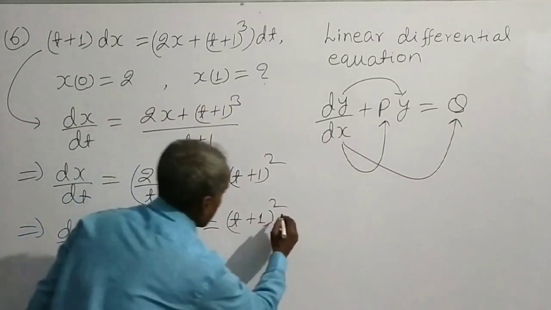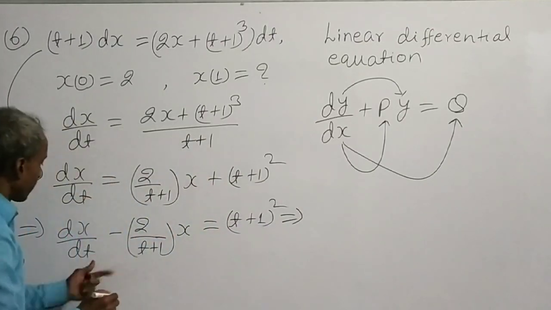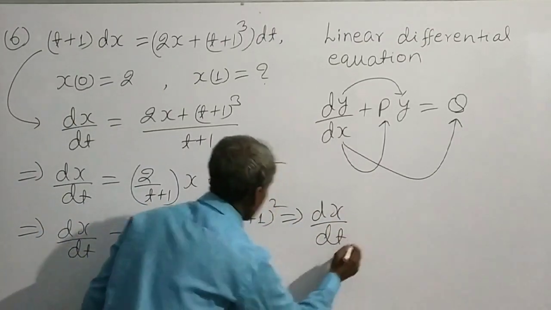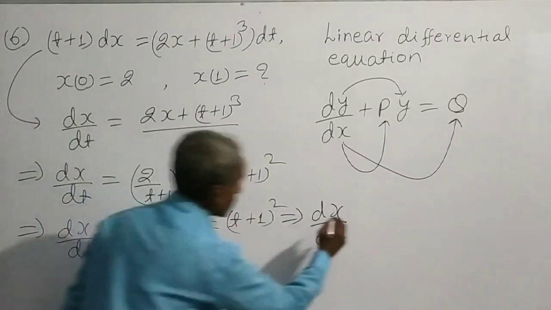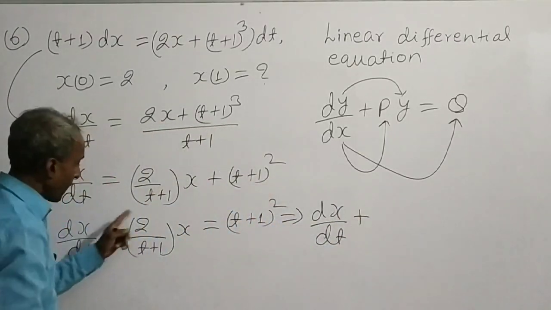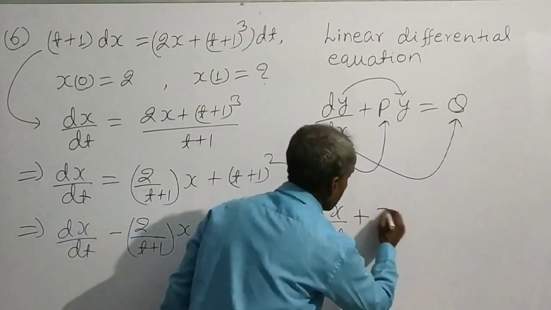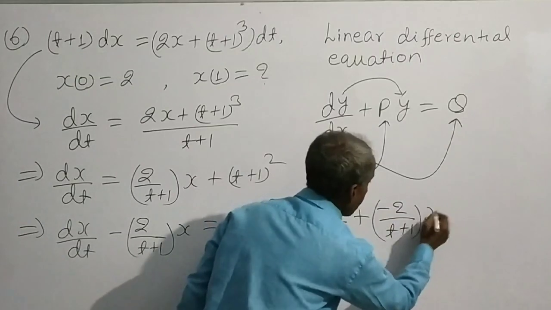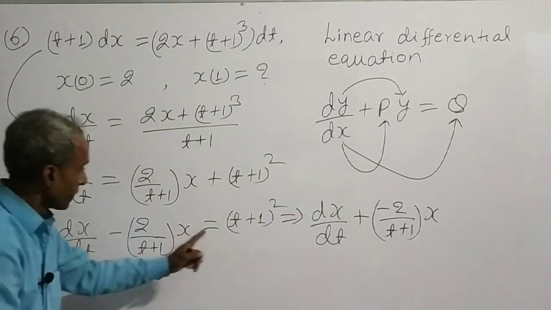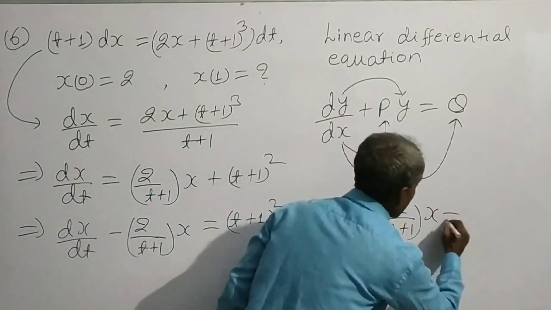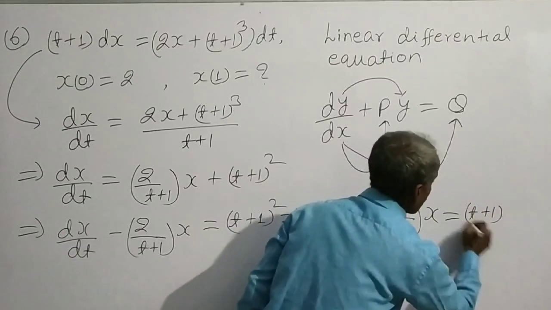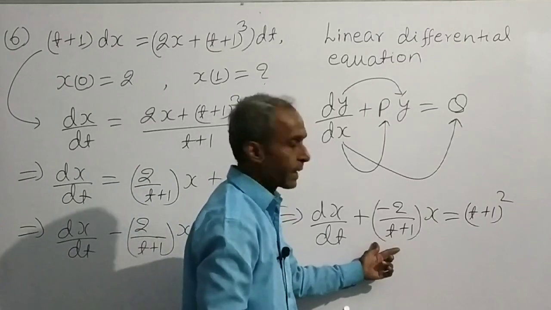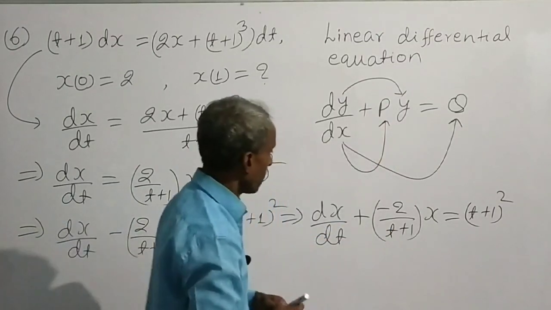Therefore, we will write this equation like this: dx by dt plus minus 2 by t plus 1 x is equal to t plus 1 square. Now, this equation is in this form.